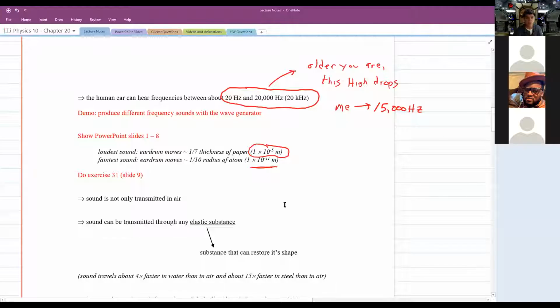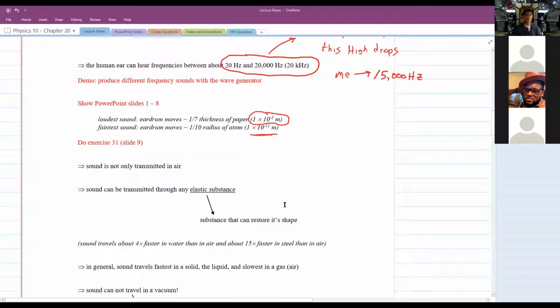All right, so going back, lecture notes. A couple of things I want to emphasize: one, sound does not only travel through air. Air is pretty much where we always hear sound through, but sound is not only transmitted through air. In fact, it can be transmitted through any sort of elastic substance. That's just a substance that, when I push it, it'll tend to push back. So if I threw a piece of silly putty against the wall, it would just mush against the wall.